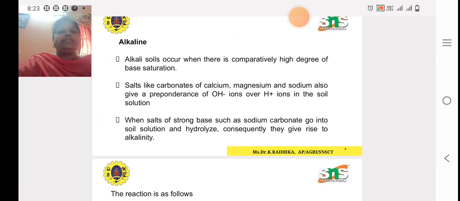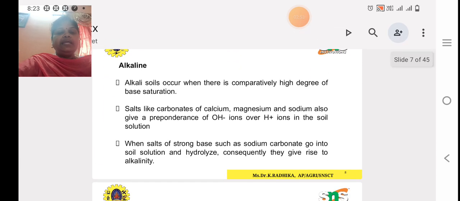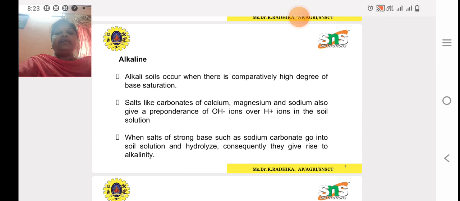Then alkaline soil. Alkali soils are soils with a comparatively high degree of base saturation. When the soil has a high degree of base saturation, that soil is called alkali soil.